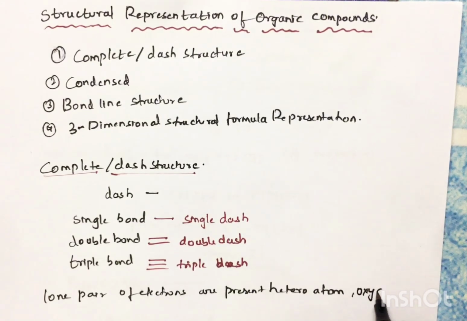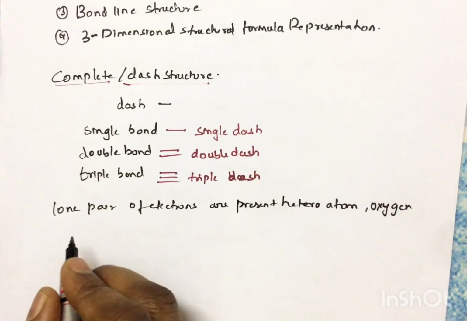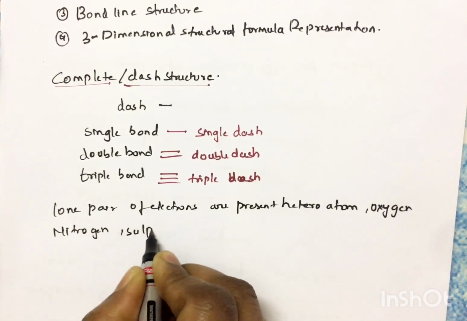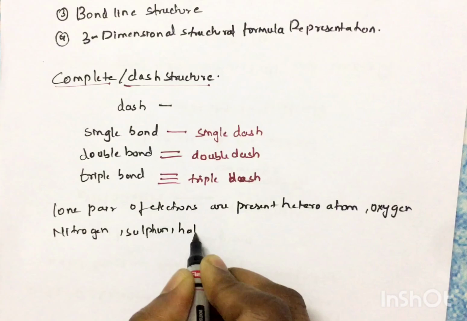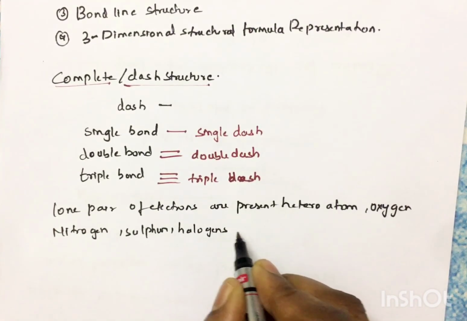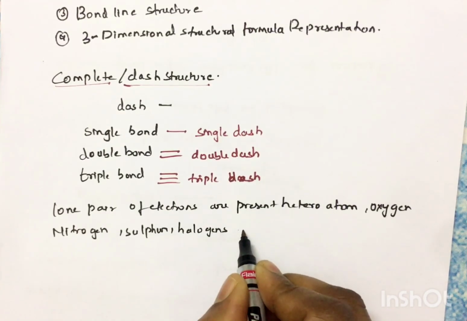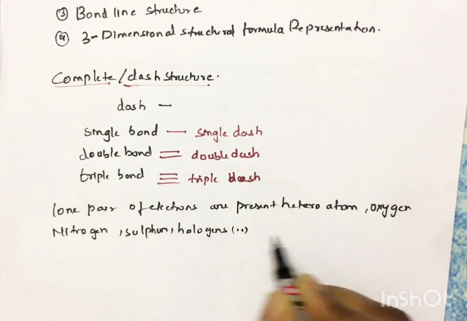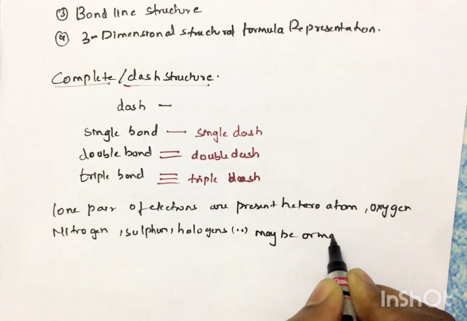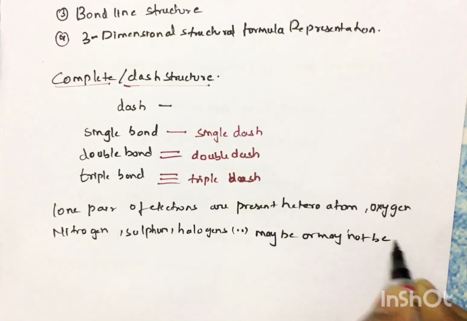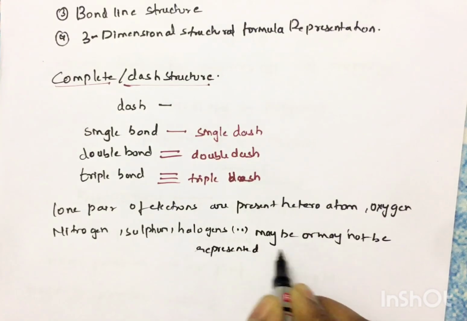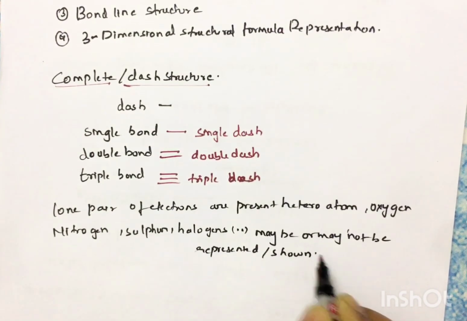Example, it might be an oxygen atom, or a nitrogen atom, sulfur, or halogens. The lone pair of electrons can be represented on the atom as two dots. This is not compulsory, they may be or may not be represented. It is not compulsory to represent them on the hetero atoms.